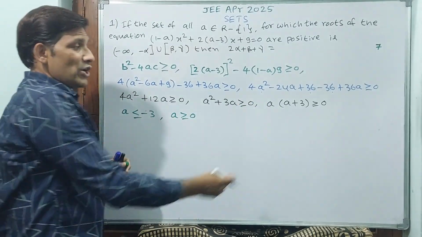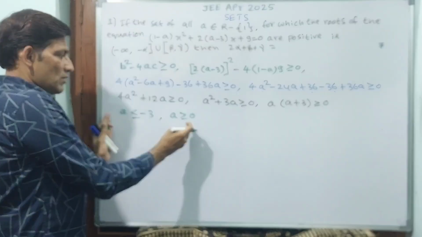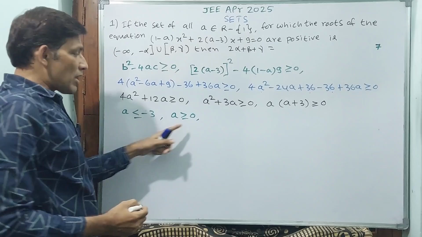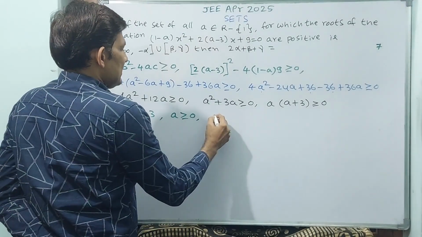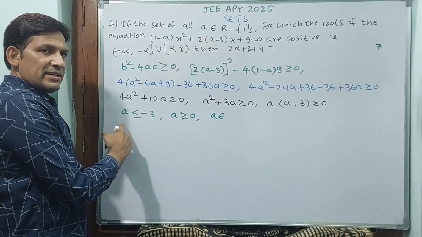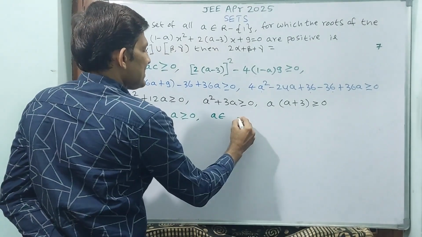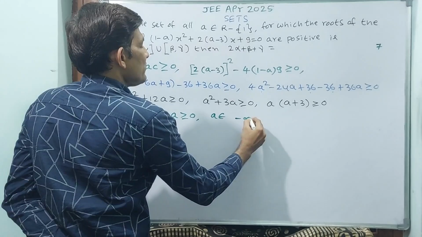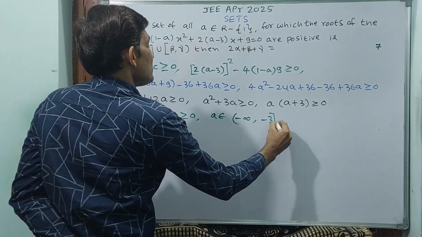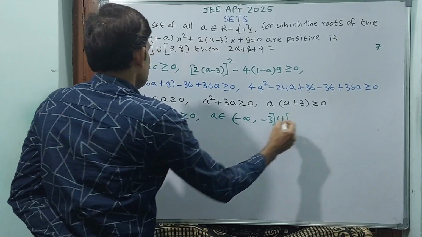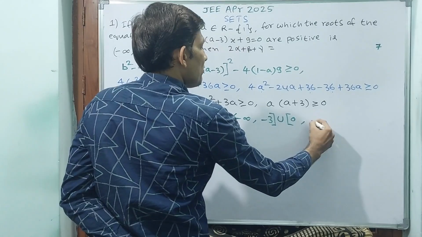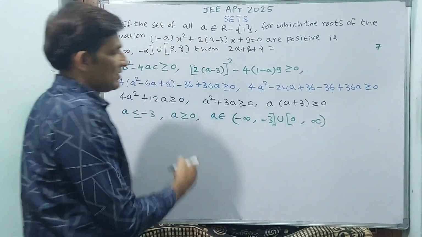If it were less than, it would be from minus 3 to 0, so that you know very well. See how we are going to write this: a belongs to minus infinity to minus 3 closed, union, since equal to is there here, 0 to plus infinity open interval.